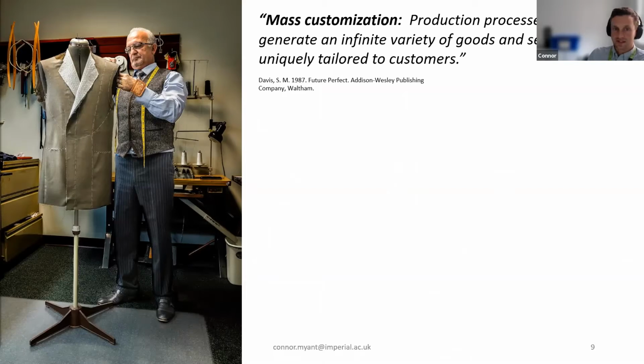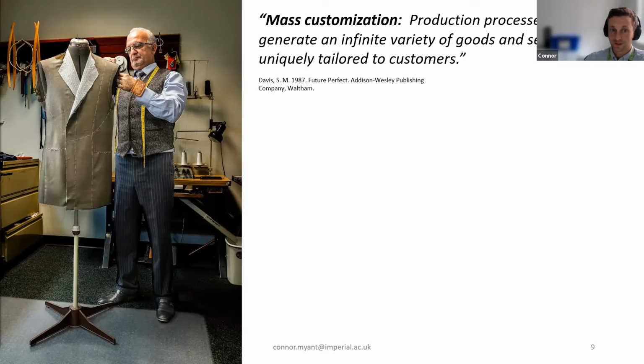Mass customization is a very simple concept where every product or service that you are given or you pay for is completely tailored to you. So the idea is that the experience of buying any consumable is like going to the tailor. It's like having your clothes tailor fitted to you every time.